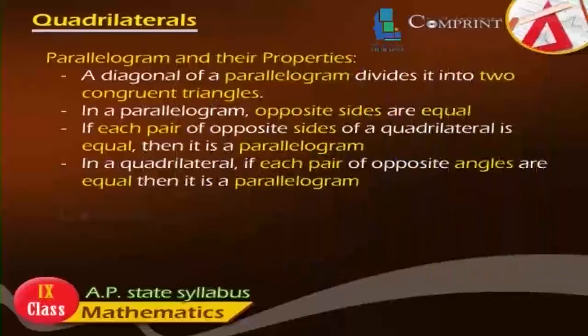If each pair of opposite sides of a quadrilateral is equal, then it is a parallelogram. In a quadrilateral, if each pair of opposite angles are equal, then it is a parallelogram.